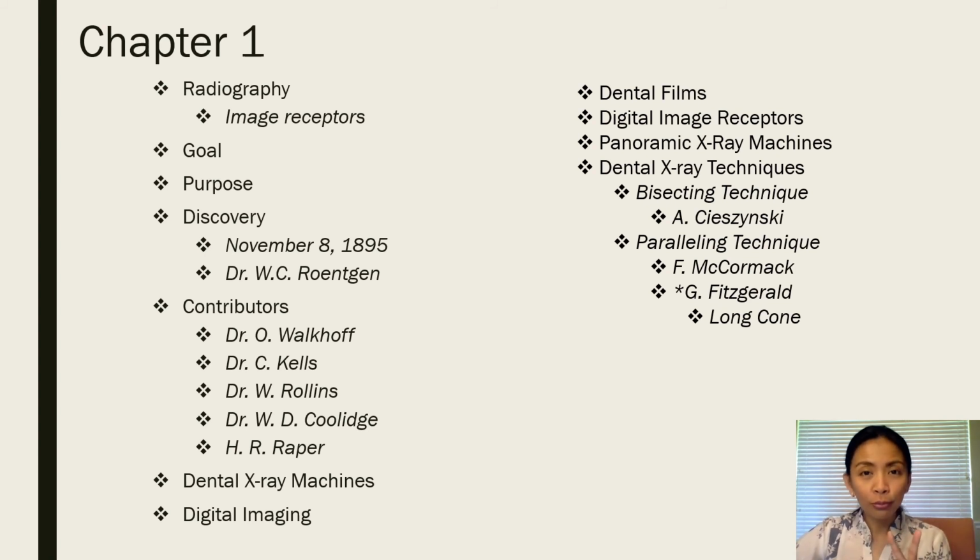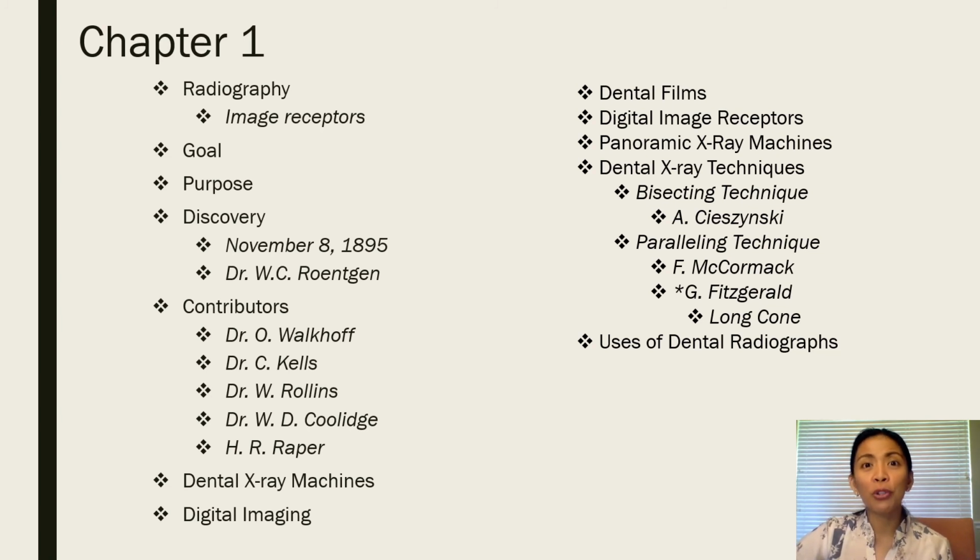We have two. We have the bisecting technique and the paralleling technique. Paralleling technique is the technique of choice because it produces better quality radiographs as compared to the bisecting technique, and we are going to learn why we would rather use the paralleling technique than the bisecting technique. And then lastly, we've talked about the uses of dental radiographs.